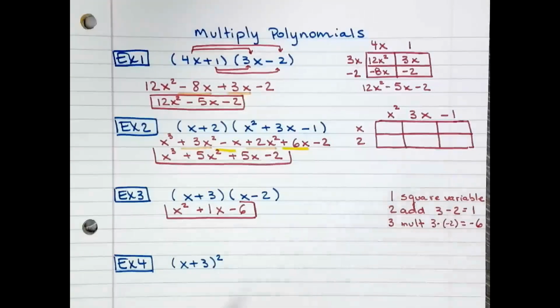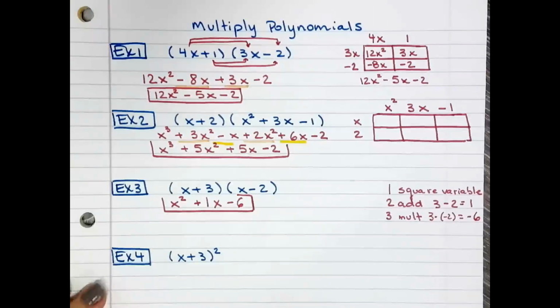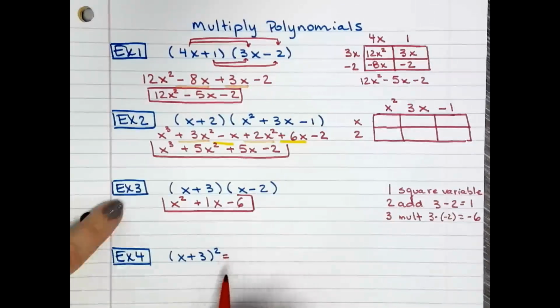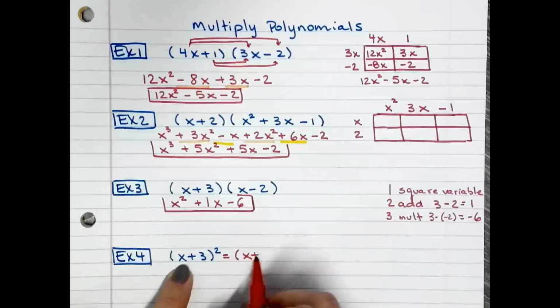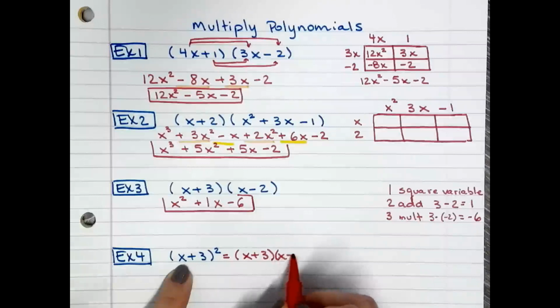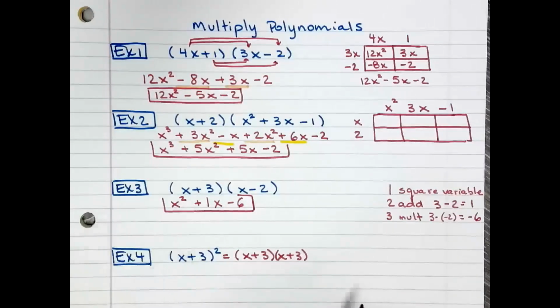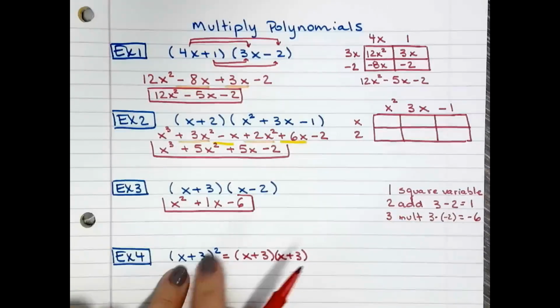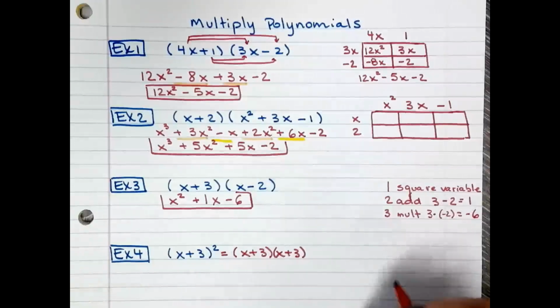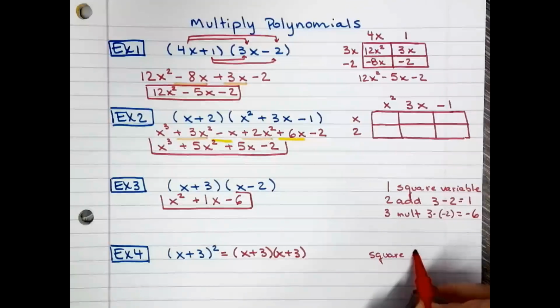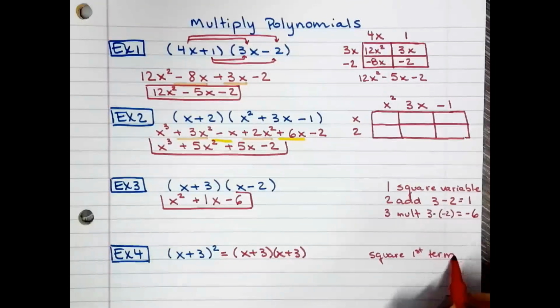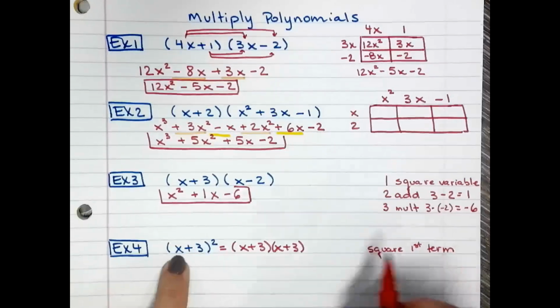Just like that. Now, example 4, you can follow just like example 3, because all that means is x plus 3 times x plus 3. Or if you have just right there, what you're going to do, you're going to square the first term. In this case is x.